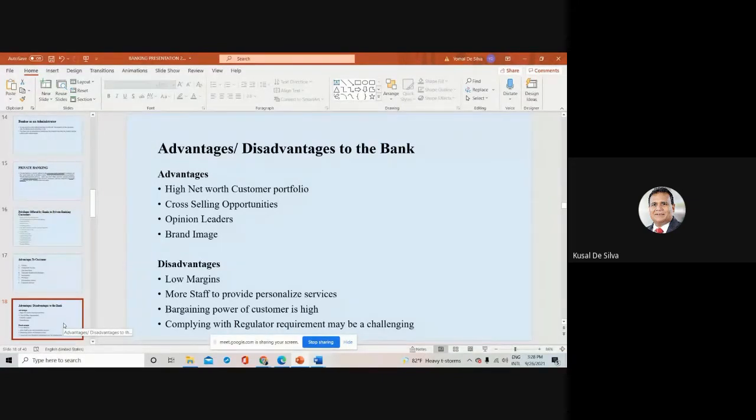Sometimes we have provided online banking to many privileged customers, but still they may not use it, and the easiest way for them is to give a call.